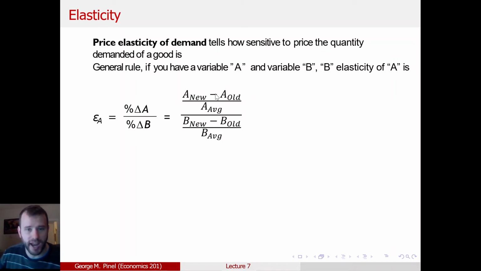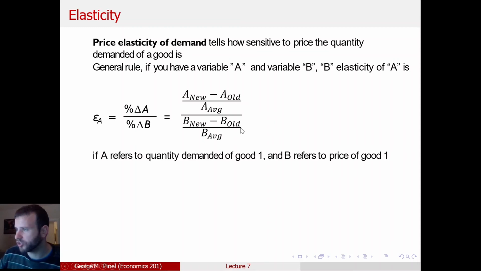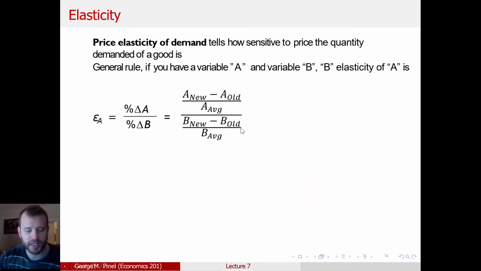And it's given by A new minus A old divided by A average, divided by B new minus B old over B average, where B is going to be replaced with price and A is going to be replaced by quantity, right? And just to bring it one step further, B average is just going to be B new plus B old divided by 2. A average is going to be A new plus A old divided by 2, right? Your standard average formula. Okay.